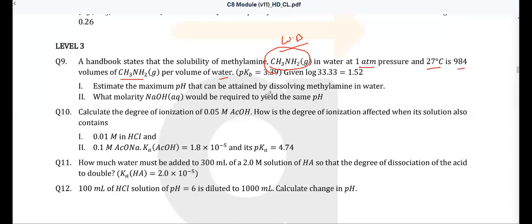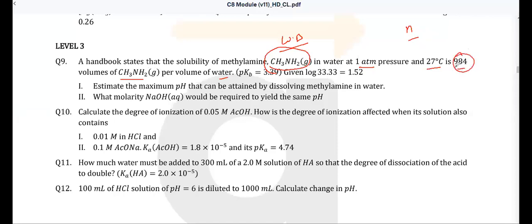Okay, now what is given? This is a good question. Think about this. N is not given, N you have to find. But 984 volumes of CH3NH2 per volume of water are given.